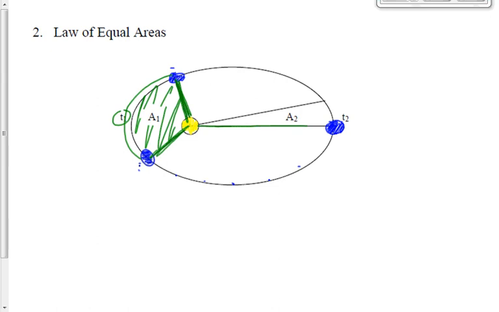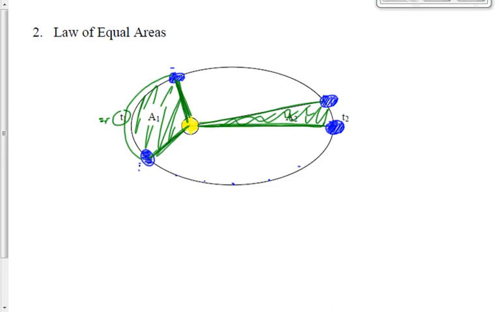It's the same line, but it's longer because the Earth is further away from the sun now. Let's fast forward another couple months, the same amount of time that we fast forwarded over here. The Earth is in another position, right here. There's an area that's swept out by that line. This area that's colored green here now.